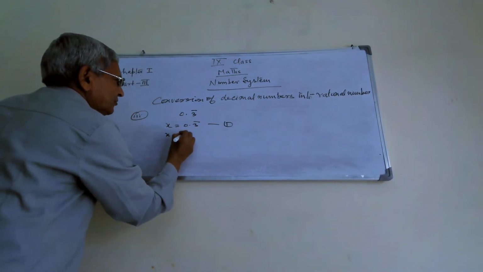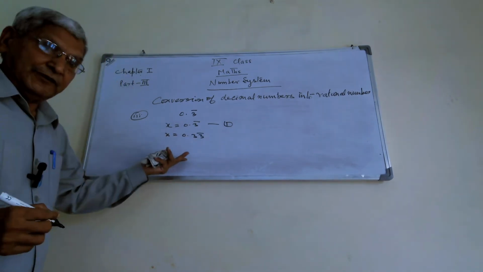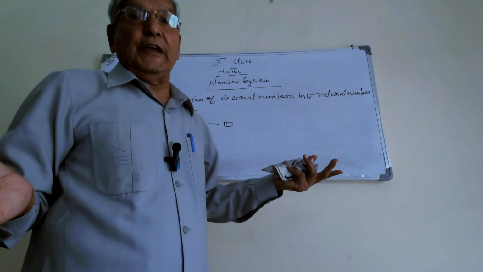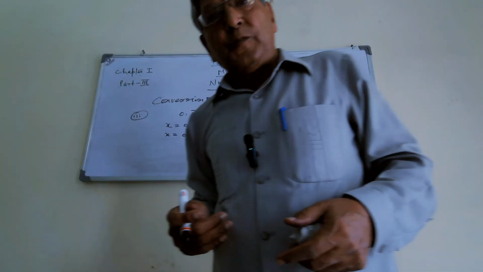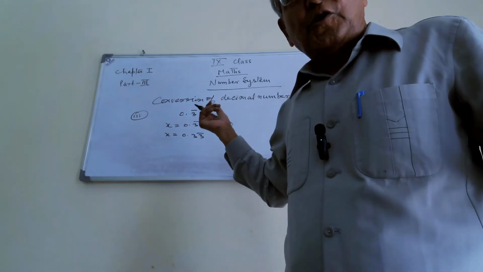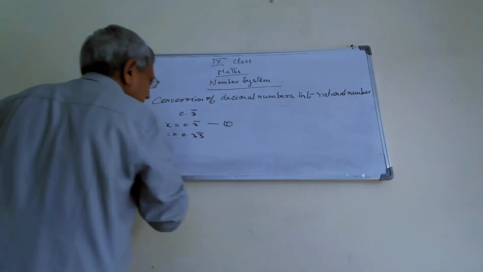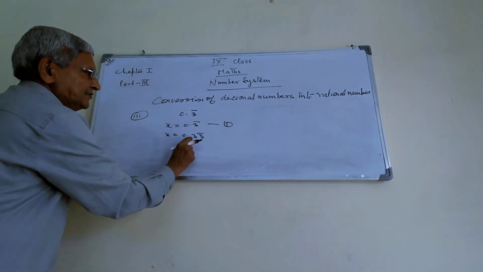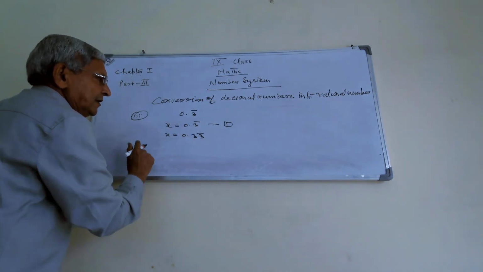And x is equal to 0.33 bar. I have told you that this repetition can be stopped anywhere. I want to stop it here, on the second position. So this is the condition.